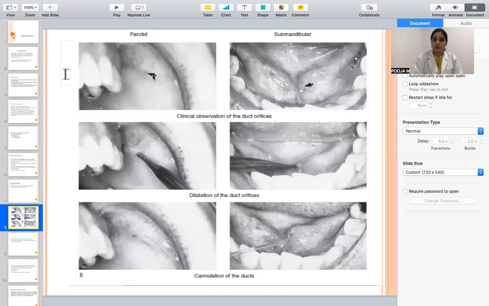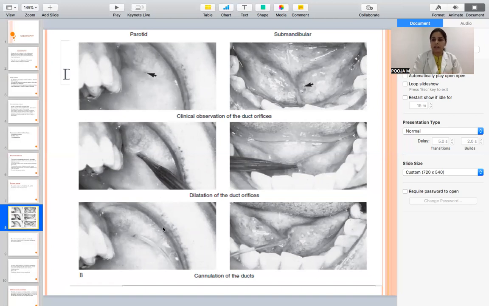This picture shows the locating of the orifices of the duct, and once it is located, it is dilated with the help of a lacrimal probe, which is inserted once the orifice of the duct is located. Once this lacrimal probe is inserted, the orifice of the duct is dilated.